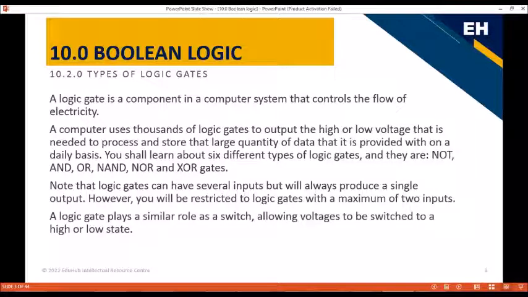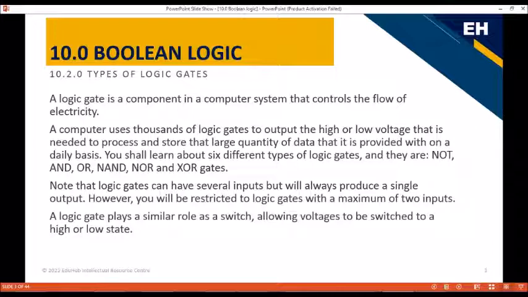Then, what is a high or low voltage? The computer understands binary, and binary is simply a string of 0 and 1 values.